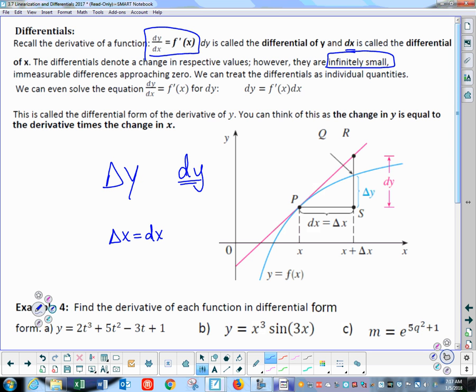So if I have my tangent line in red, and we have the actual curve f of x in blue, we know we can write an equation of the tangent line, and that would be the differential or the slope dy dx.